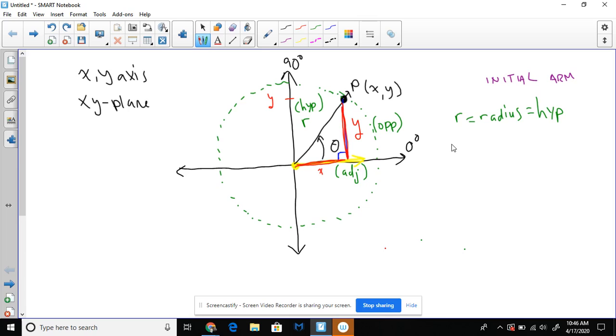This used to be my hypotenuse. The x is what we call the adjacent, and the y is what we call the opposite.